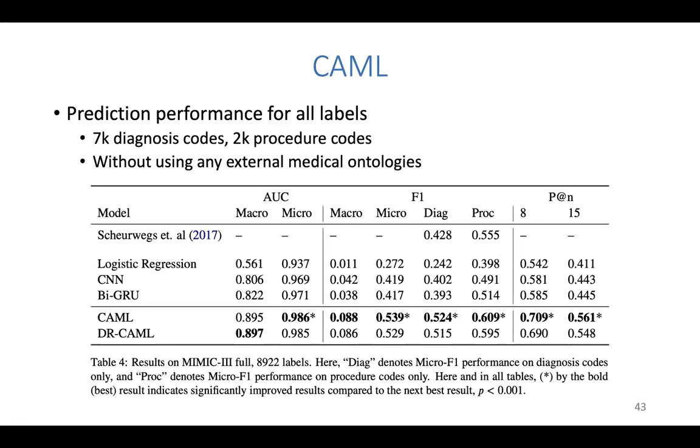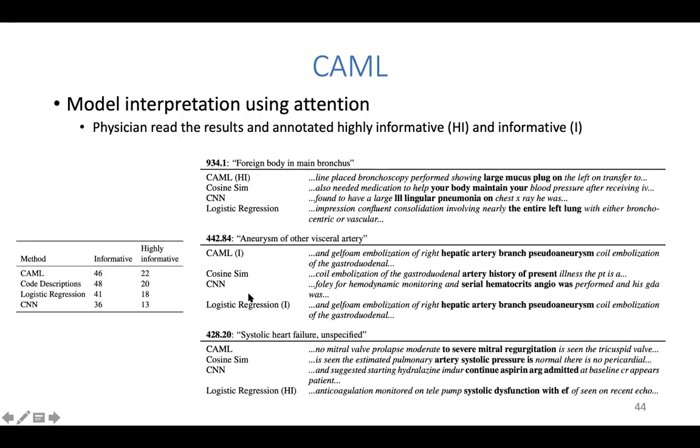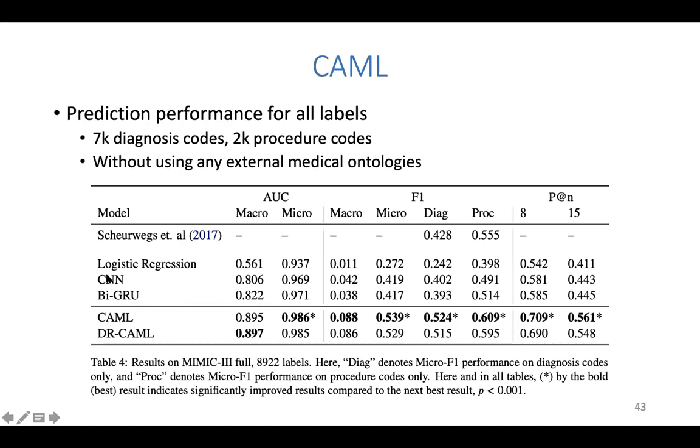So compared to other baselines, this would be ConvNet without the attention function. This would be bidirectional GRU without the attention function. This is their model, and this DR camel is their variant of the camel model, using code descriptions, like ICD-9 401.9 is unspecified essential hypertension.